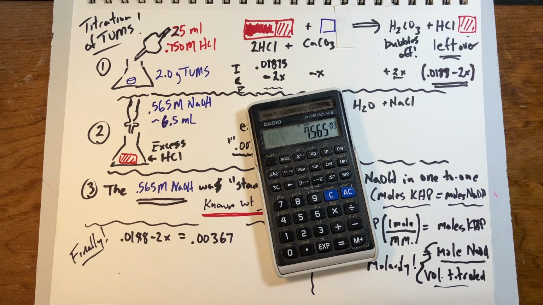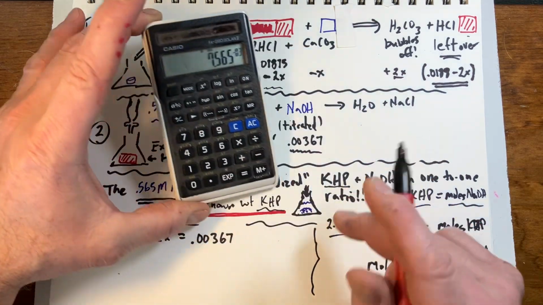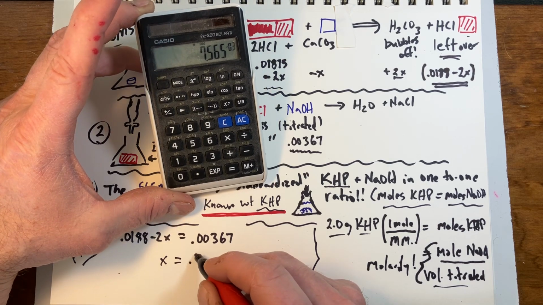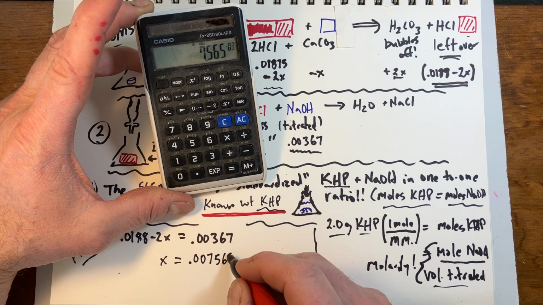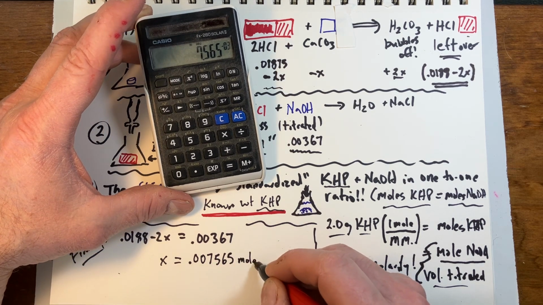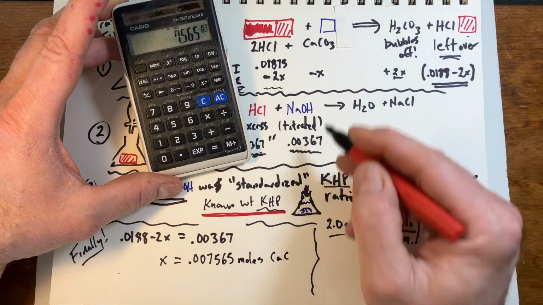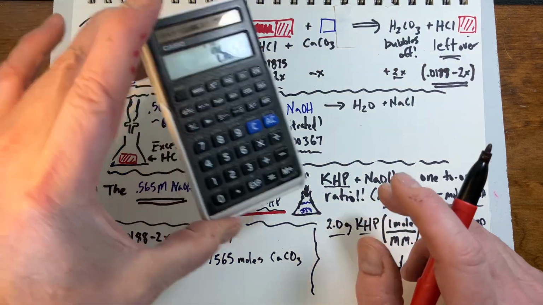I would get my value, 7.56 times 10 to the minus 3. I'm just going to write it as X equals 0.007565, and that's moles of calcium carbonate. That's how much of it was left, and that's how much of it we had.